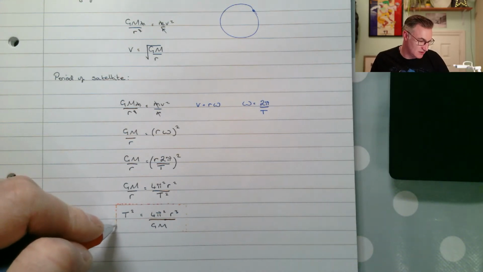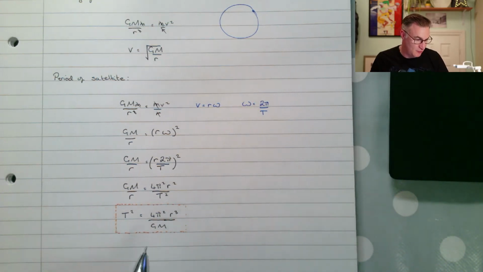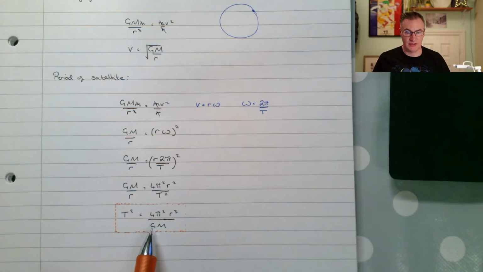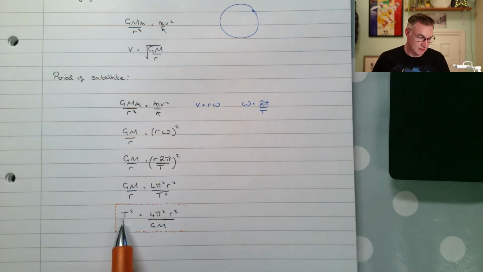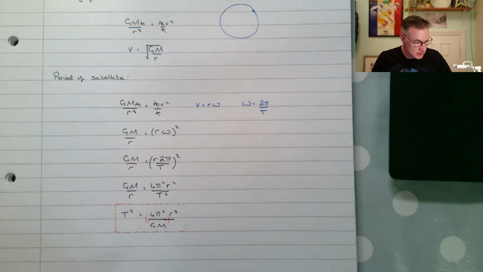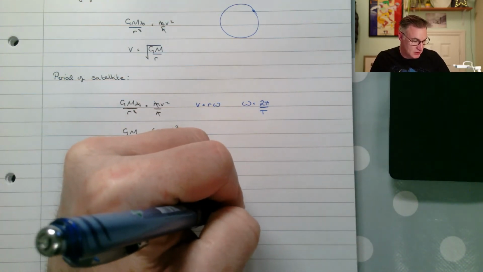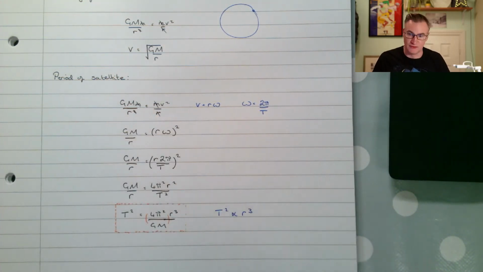But this is significant here, and I'm going to leave it at the moment just here, because 4 pi squared and G are obviously constant, and if we're looking at how the height of a satellite, or the radius of the satellite's orbit, is affected, mass is constant, so the mass of the planet does not change, and so this is a constant value, and so what we would have from this is that T squared would end up being directly proportional to the cube of the radius.